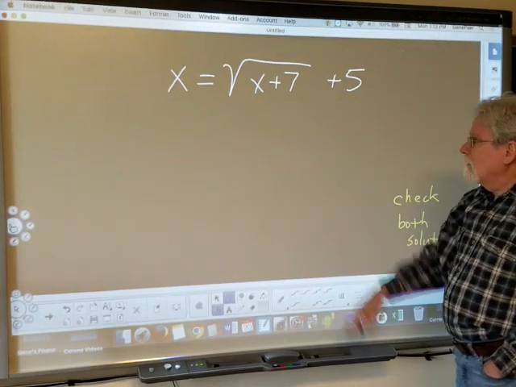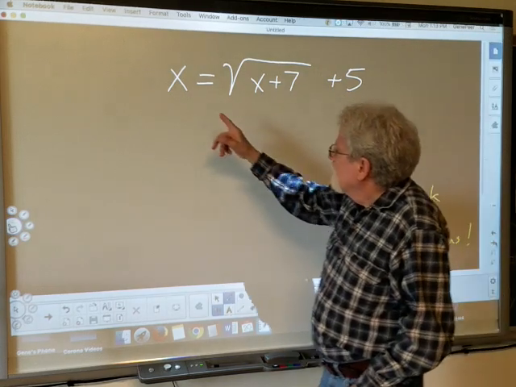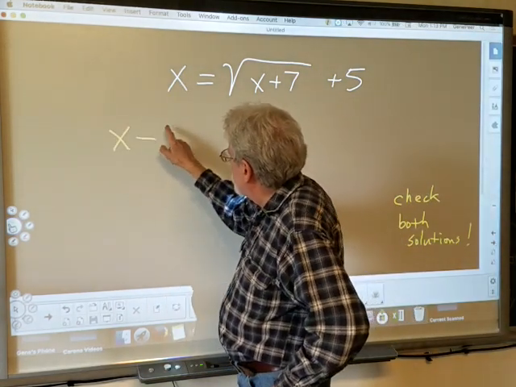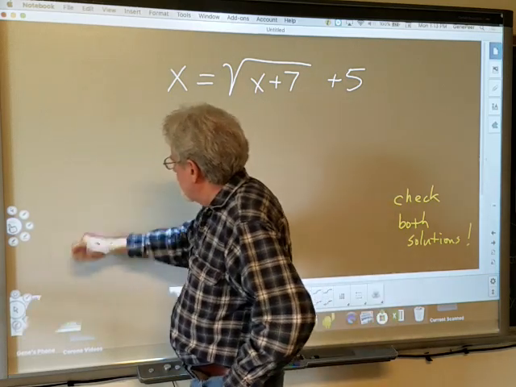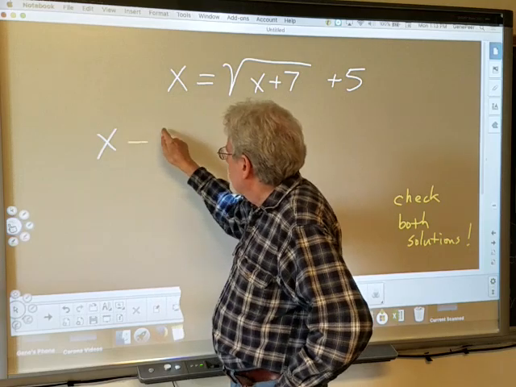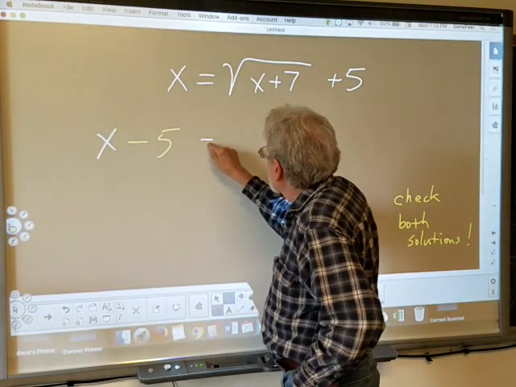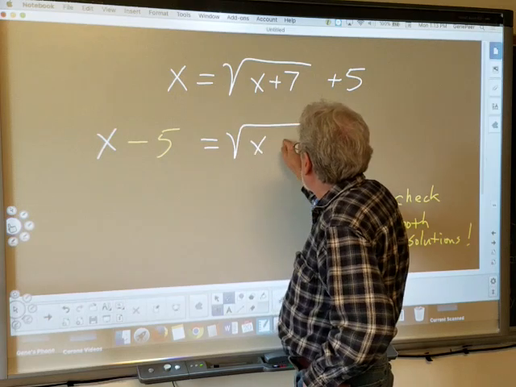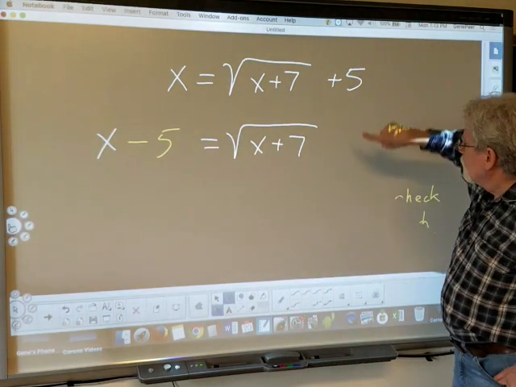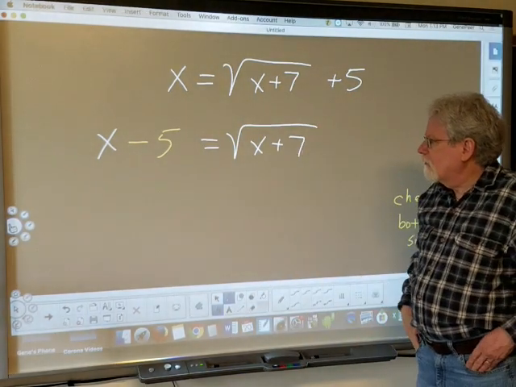Let's subtract 5 from both sides. Gets kind of ugly, because on this side, if I subtract 5, I get x minus 5. Let's do this in color-coded form. I'm going to subtract 5, and on the other side, of course the 5 is just gone. Subtract 5, poof, gone. Okay, I've got the radical by itself.